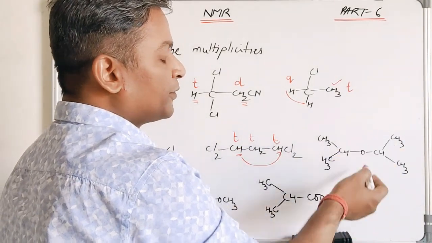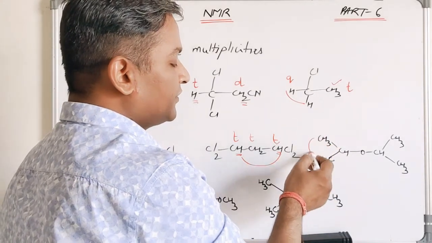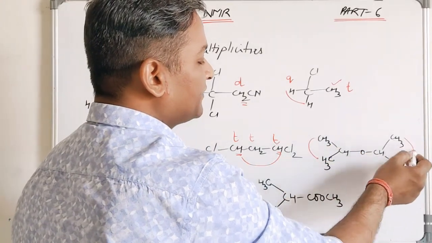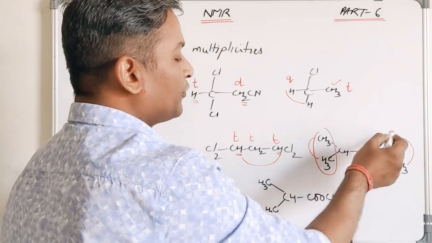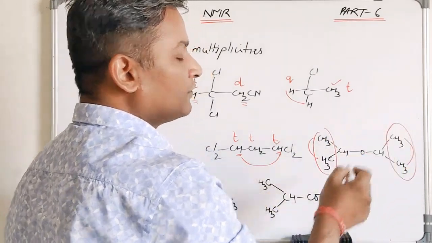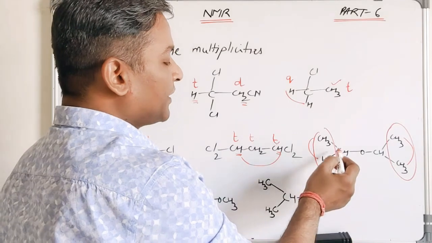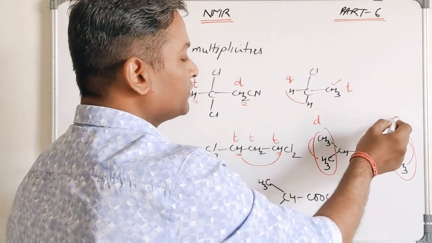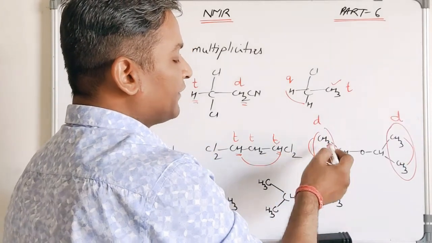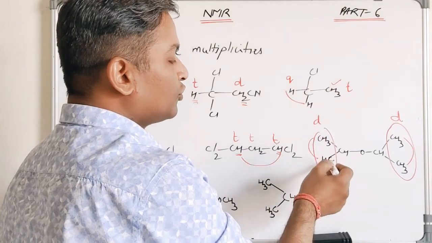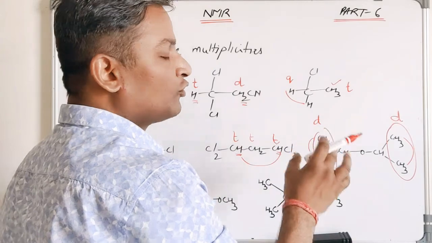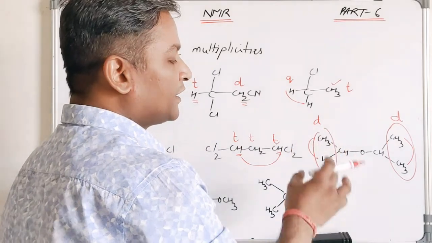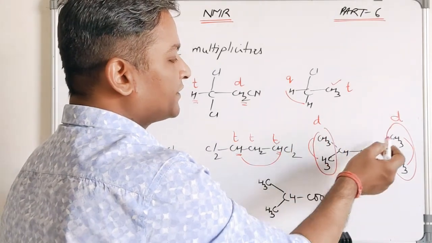You can see here, it is a symmetrical compound. These CH3 and these CH3 are the same, so these 6, or we can say these total 12, will show a doublet for this and a doublet for this. And we can see here 1, 2, 3, 4, all 4 are in the same environment, so all 4 will show a doublet for 3, 6, 9 and 12.